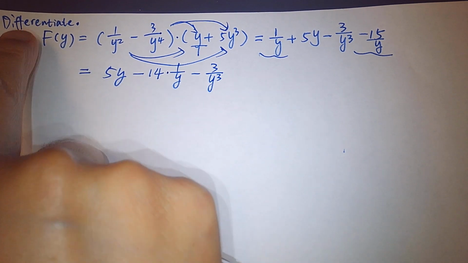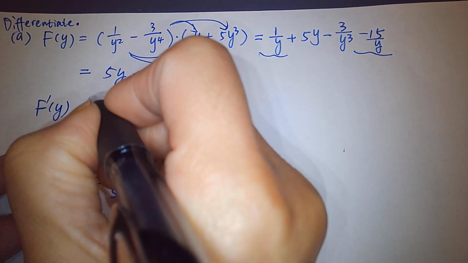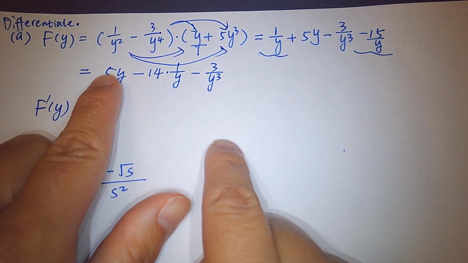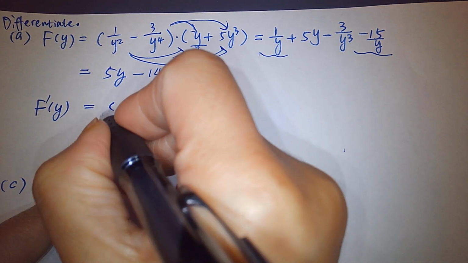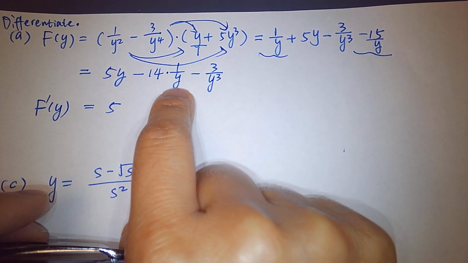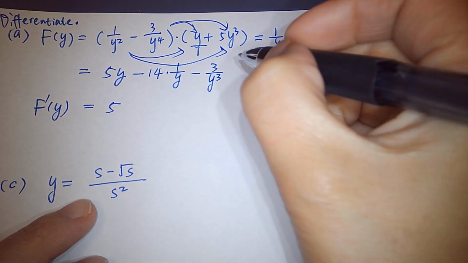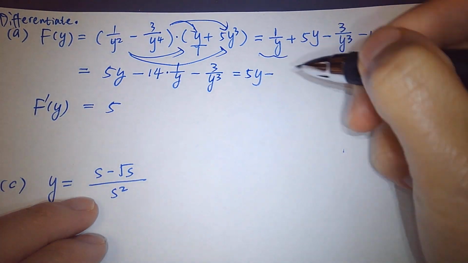But we're not done yet. We want to differentiate capital F. Okay? How? 5y's derivative with respect to y is 5. Okay? Then minus 14 times 1 over y. How to differentiate 1 over y? Remember, make it a power function.